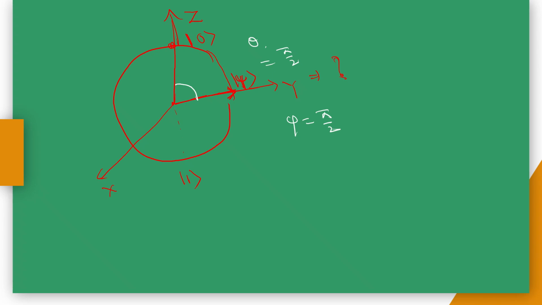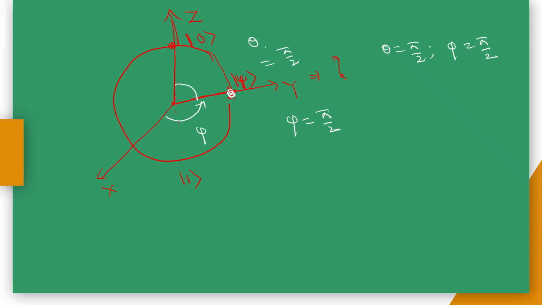Here, to represent this point, we need to consider theta equal to pi by 2, and the azimuthal angle is also pi by 2, because phi is measured from the projection of the state vector, and the projected state vector makes an angle with the positive x-axis, that is phi.